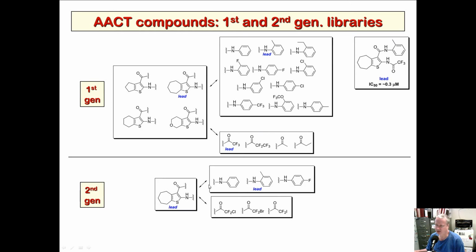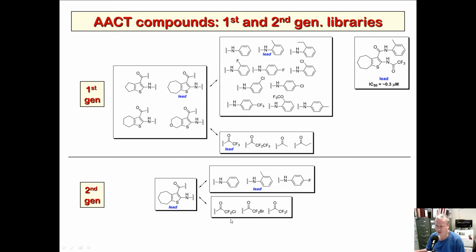And in a second generation library, we had either aniline or 2-methylaniline or 4-fluoroaniline, but then we looked at some really weird, obscure fluoroacetamide analogs, including chlorodifluoroacetamide, bromodifluoroacetamide, and iododifluoroacetamide.